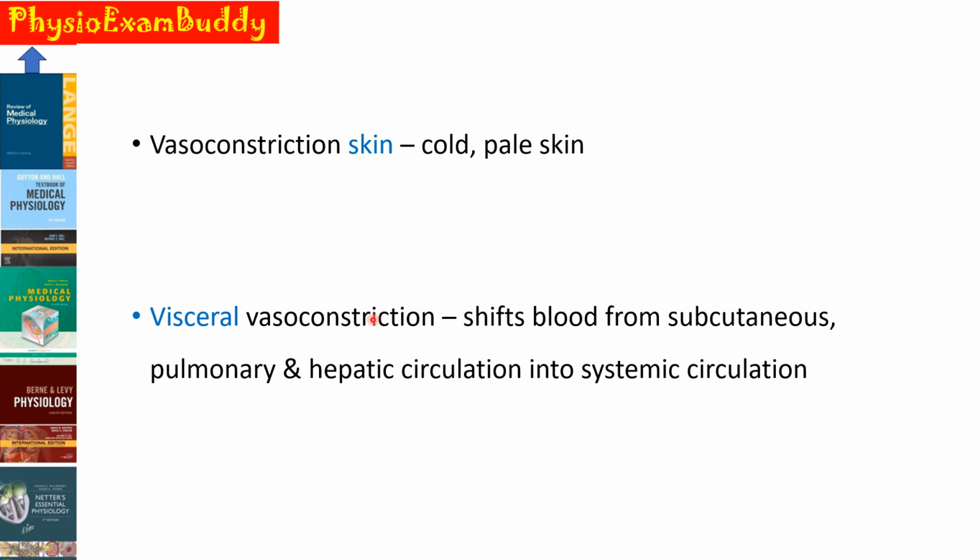And the intense vasoconstriction in the viscera will shift the blood from the subcutaneous, pulmonary and hepatic circulation into the systemic circulation. Also, the contraction of the spleen discharges more stored blood into the circulation.